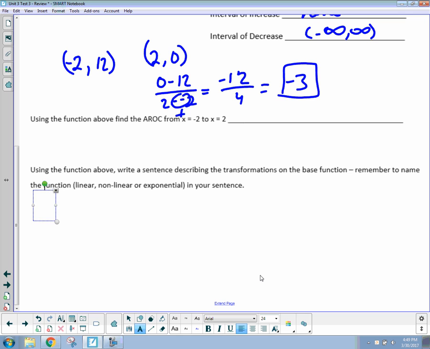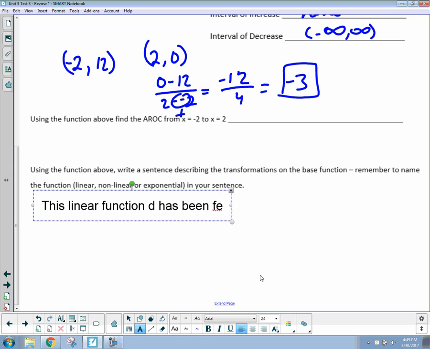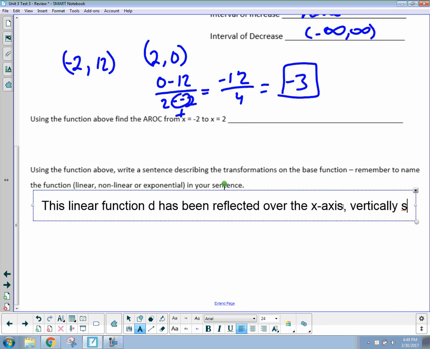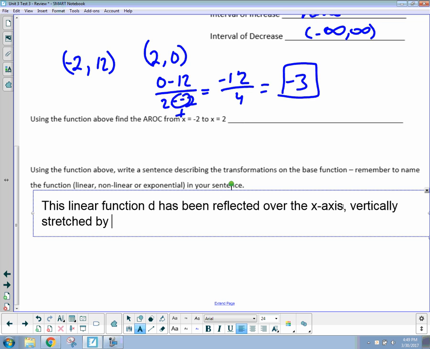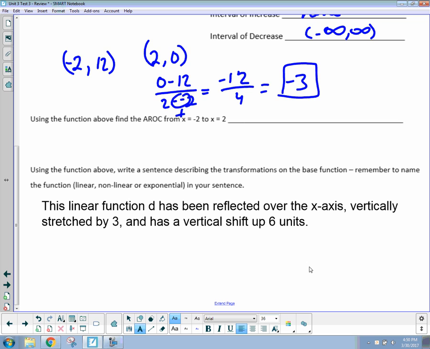This linear function d has been reflected over the x-axis, vertically stretched by 3, and has a vertical shift up 6 units. Again, I'm just being completely detailed here, but I'll understand if you say vertical shift, vertical stretch, all that, and the reflection part, okay? Number 3.